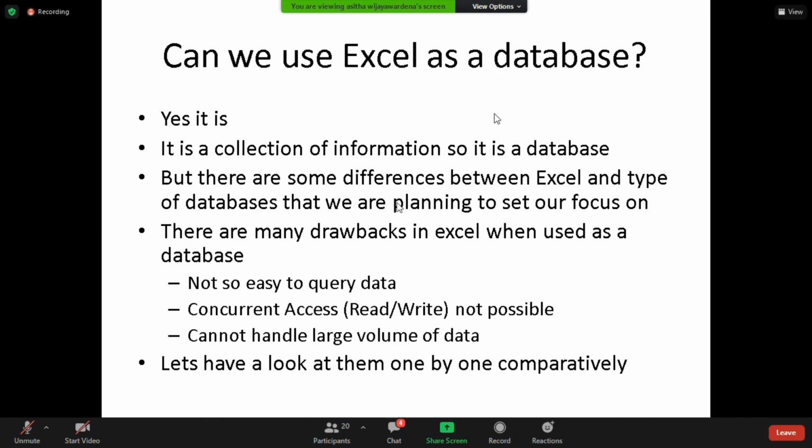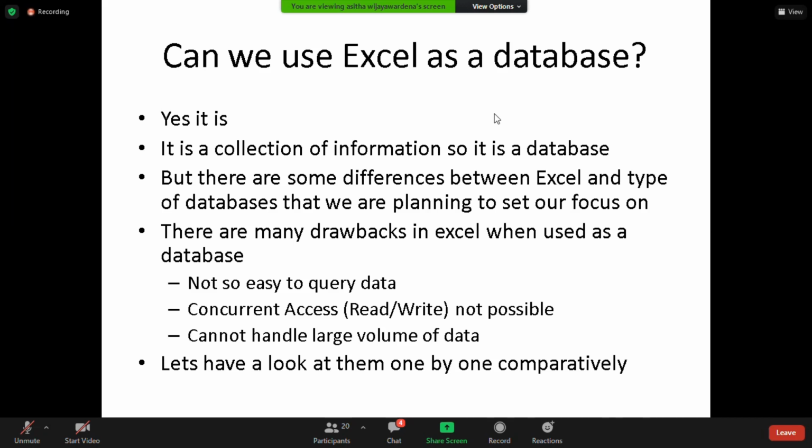So we can think of it as a database. Anyhow, there are some differences between Excel and the type of databases we are planning to learn throughout this lecture series. I have listed some disadvantages of using Excel as a database, even though some small level organizations still use it.